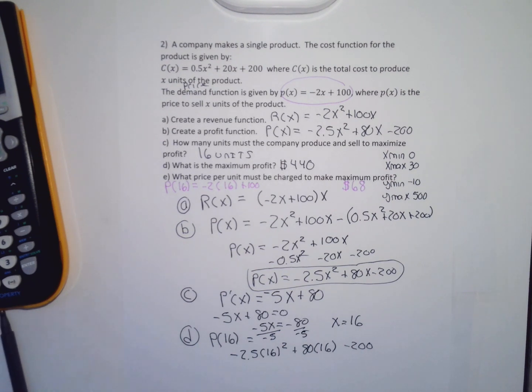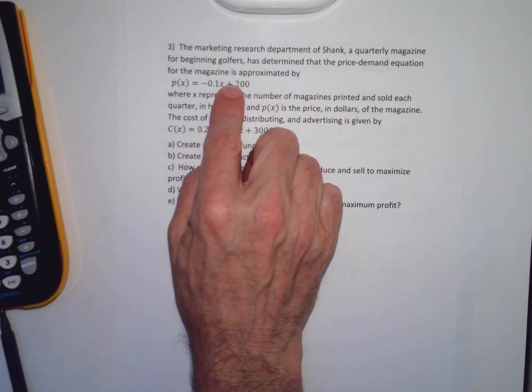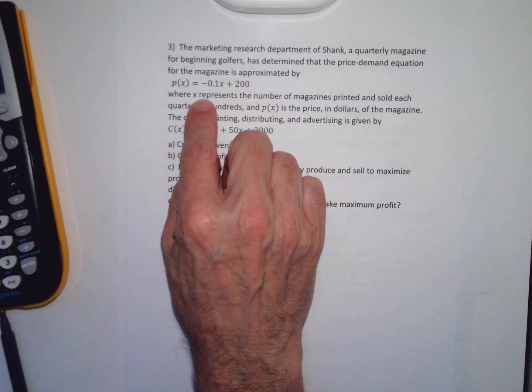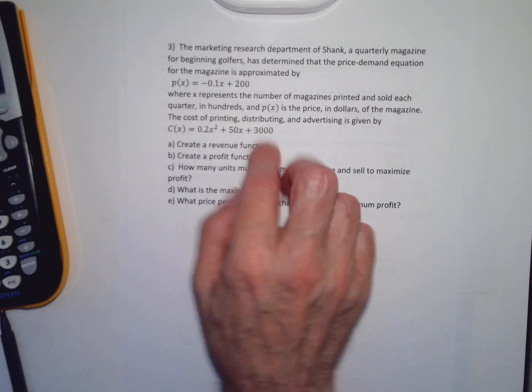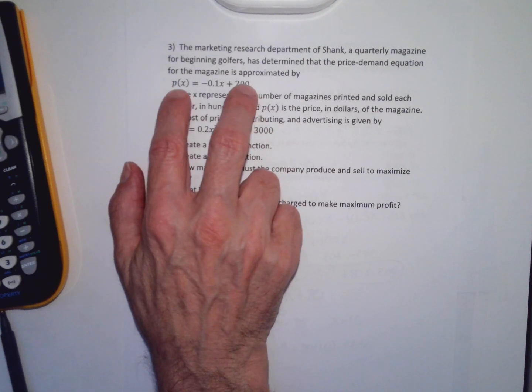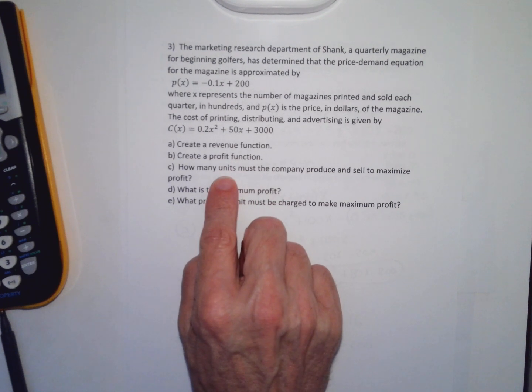There's another problem, but it's no different. Let me flash your problem 3 up. Exactly the same questions, exactly the same situation. And my problem 4 would be nothing new. It's exactly the same. It gives me a price demand function to make X units of a product, gives me a cost function, asks me to create the revenue function by doing X times the price demand function, create a profit function by subtracting revenue minus cost, take the derivative of the profit function, set it equal to 0.